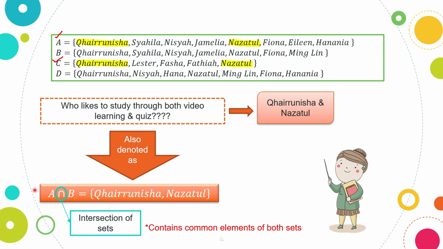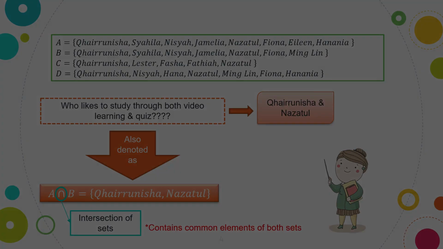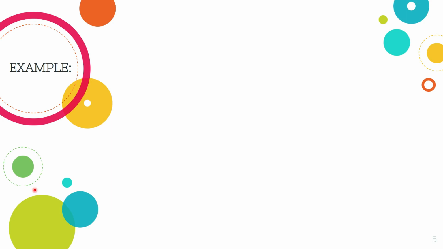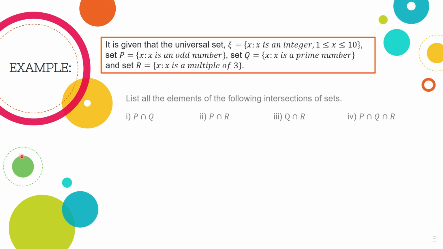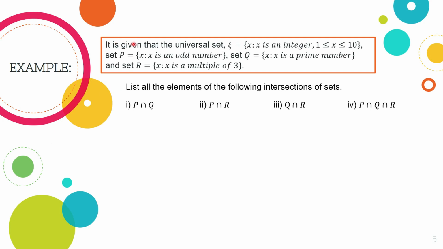If you don't have any questions, we will continue with an example. It is given that the universal set, this is the symbol of the universal set, contains x, an integer from 1 until 10. Set P is x, an odd number.